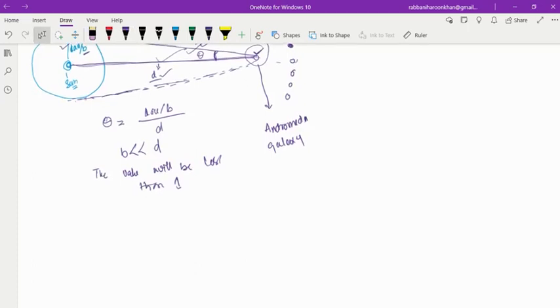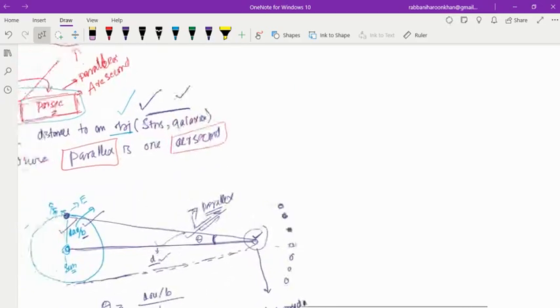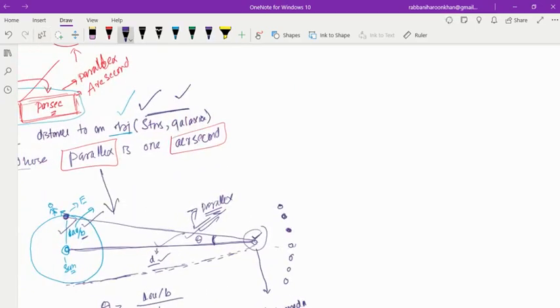That's all about this parsec concept. Now, what is an arc second? It is the unit of parsec. So we say simply that 1 arc second of parallax is the displacement of the apparent position of an object.